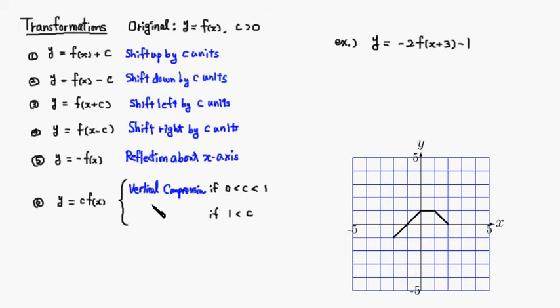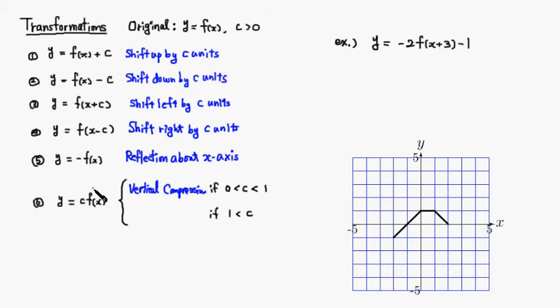It's going to get squished vertically because you're multiplying by a number less than 1. For example, if it's 1/2, all the function values are shrunk to half of the original size.